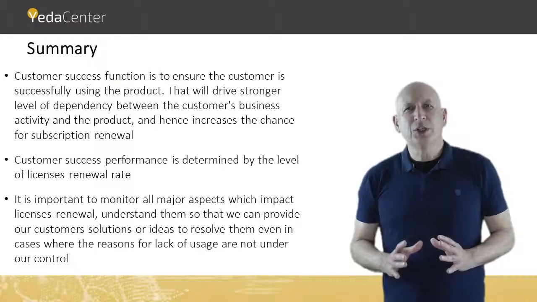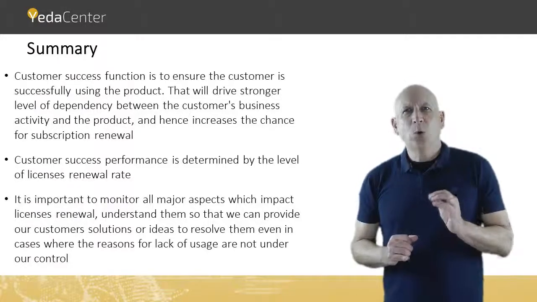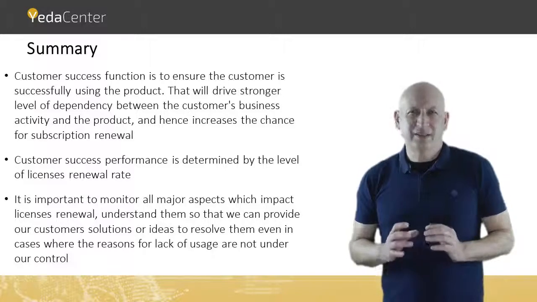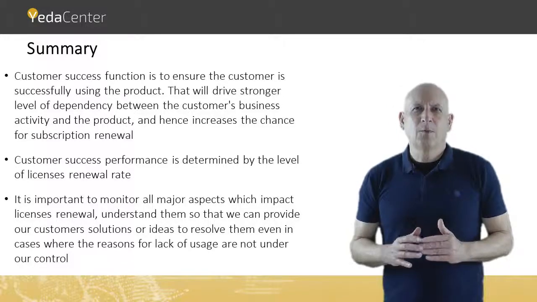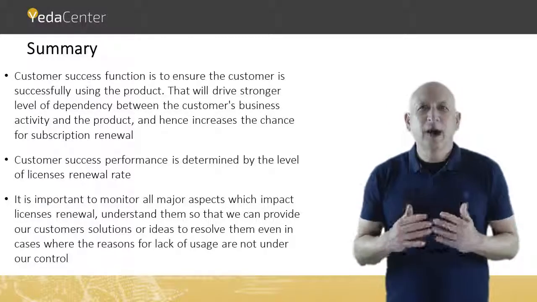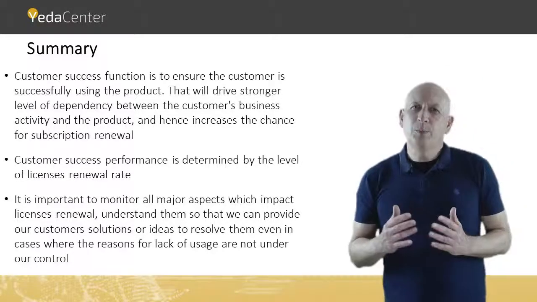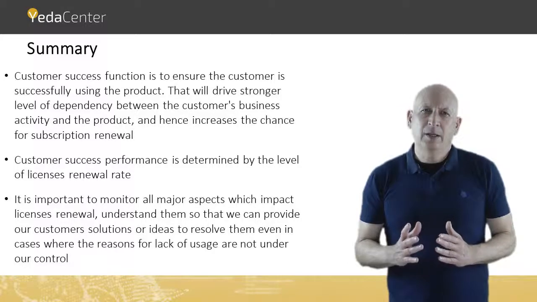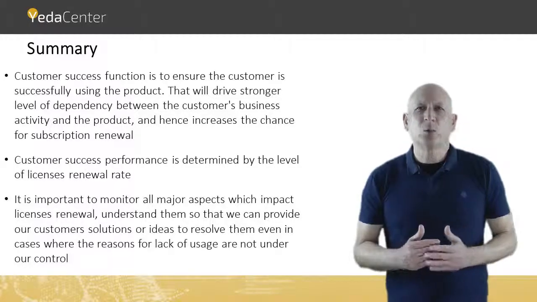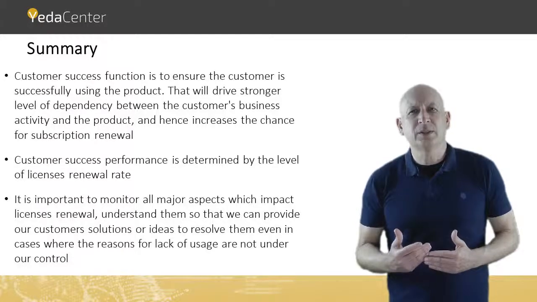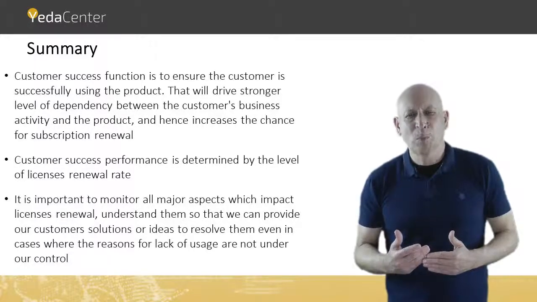And the last item we touched on is that we need to be aware that there are external reasons for either high usage or low usage of our product. We should be aware of that and assist our customers where needed to resolve the issue so that they increase the usage of our software.